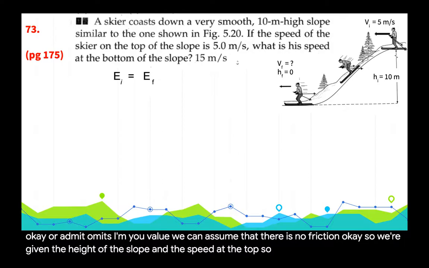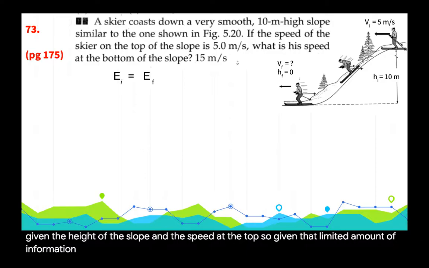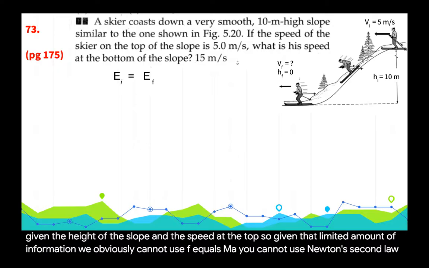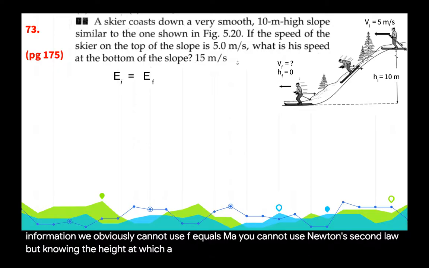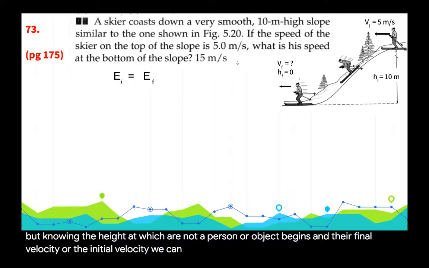Given that limited amount of information, we obviously cannot use F equals ma, Newton's second law. But knowing the height at which an object begins and its initial velocity, we can in fact determine, using conservation of energy, what the final speed will be.